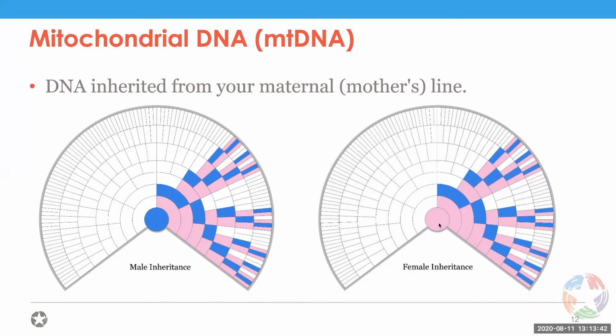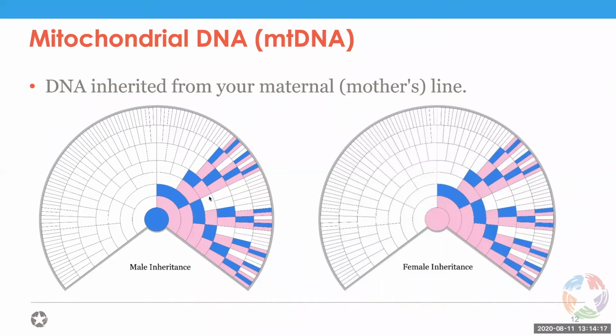This is just to represent that any DNA that you inherit from your mother's line is going to have this mother right here filled in, and then it's going to show the ancestors on both sides of that maternal line. So with mitochondrial DNA, you're getting DNA from both of your mother's parents, since they were both passed on to her as well.